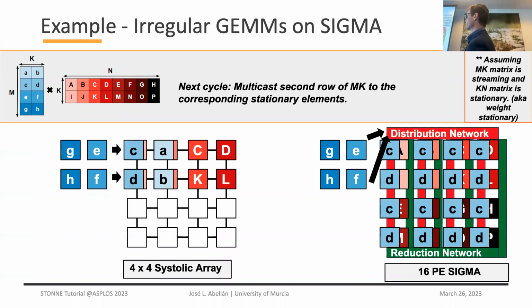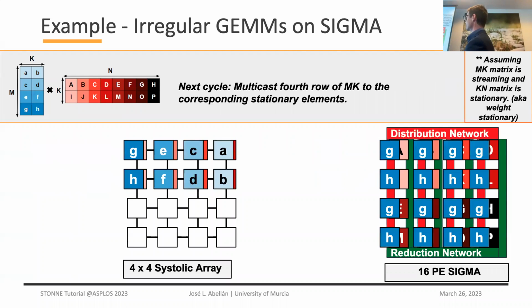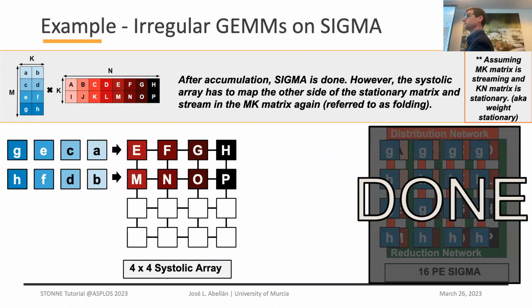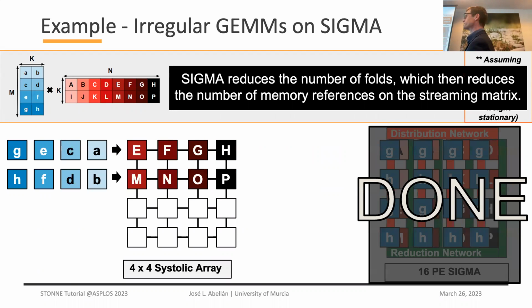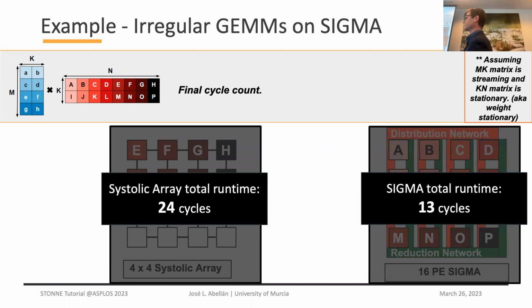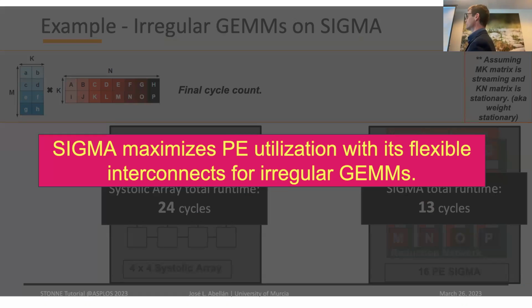Here we do the same for the second row, the third row, the fourth row, and SIGMA is done. While in the case of the systolic array, it takes a lot more cycles, almost twice, in order to do the same computation. So look here at the benefits of having flexibility supported in hardware. Later on, I'm going to present a little bit of an overview of the architecture.